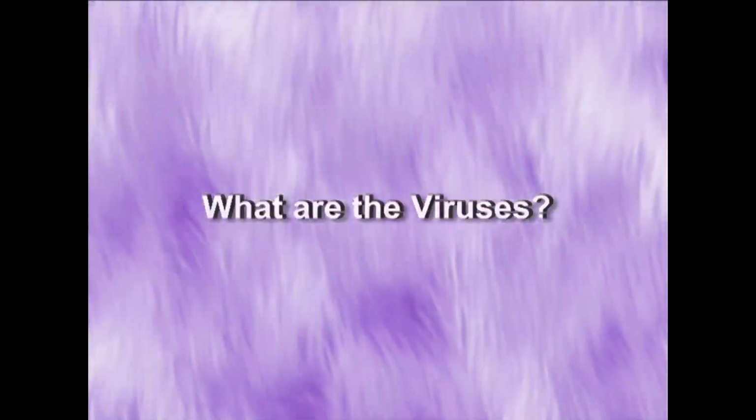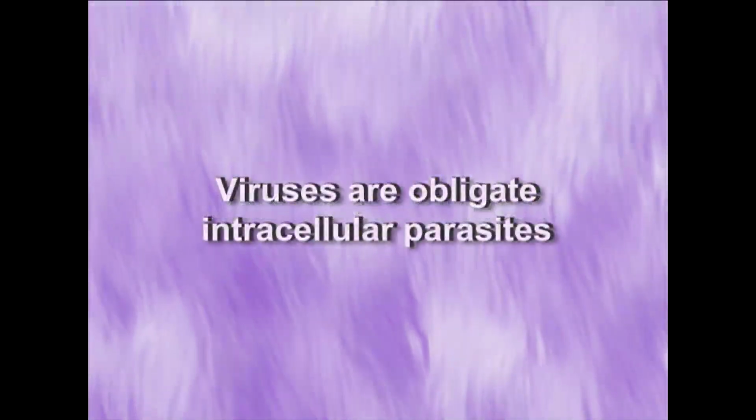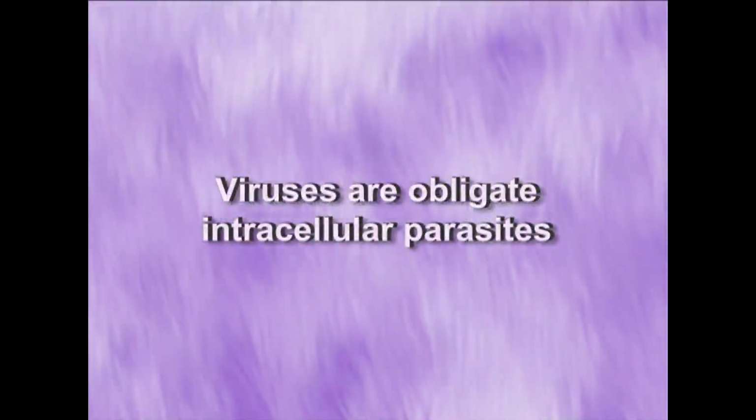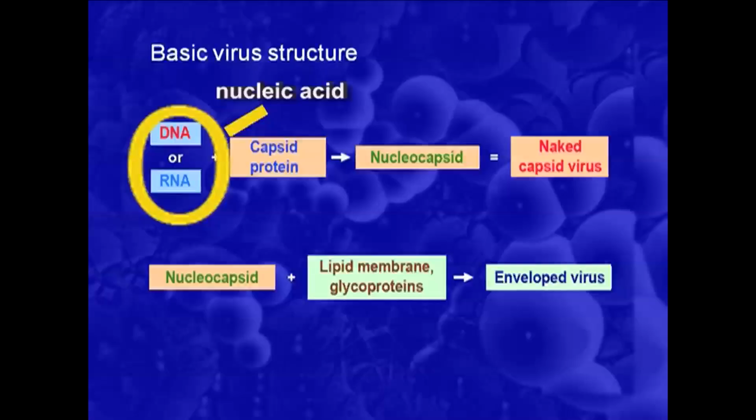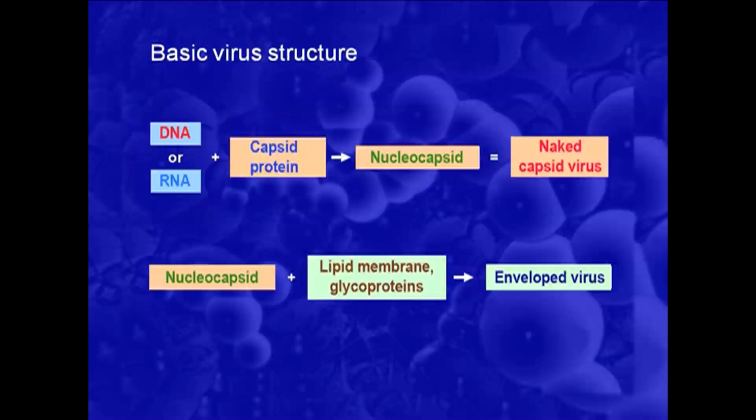What are viruses? Viruses are obligate intracellular parasites. They comprise nucleic acid, and this nucleic acid may be DNA or RNA in nature. This nucleic acid is covered by a protein coat called capsid. The complex of nucleic acid with the protein coat is called a nucleocapsid.